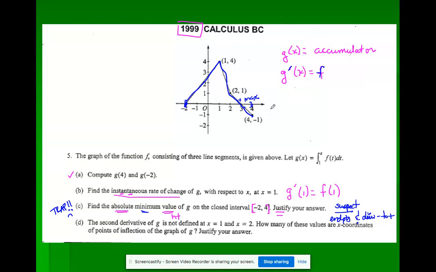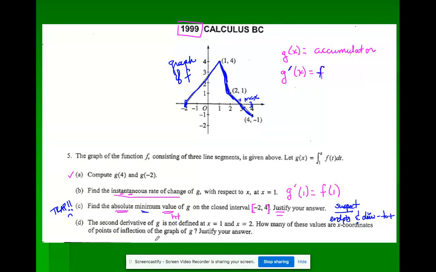The graph you're looking at is the graph of f. The derivative of the accumulator function. You are right that there is a corner at 1 and a corner at 2. And corners mean derivatives don't exist, but it means the derivative of the blue graph does not exist. Remember, g is the accumulator function. You don't see that graph. That graph does have a derivative everywhere because its derivative graph exists everywhere on the interval -2 to 4.